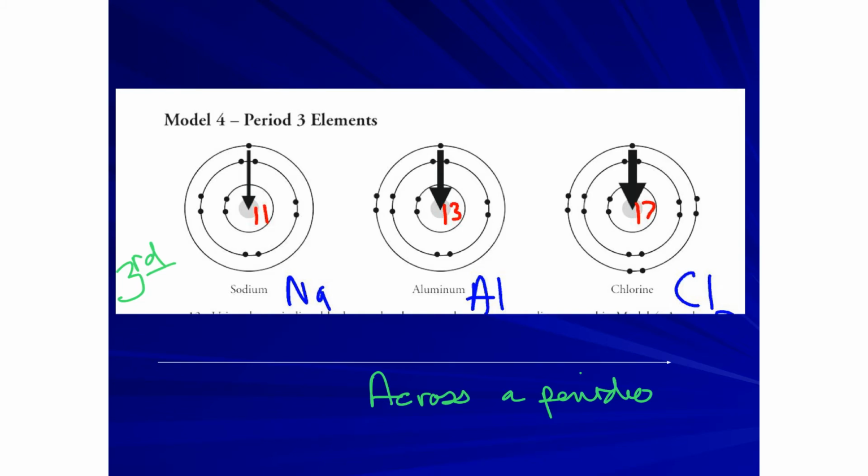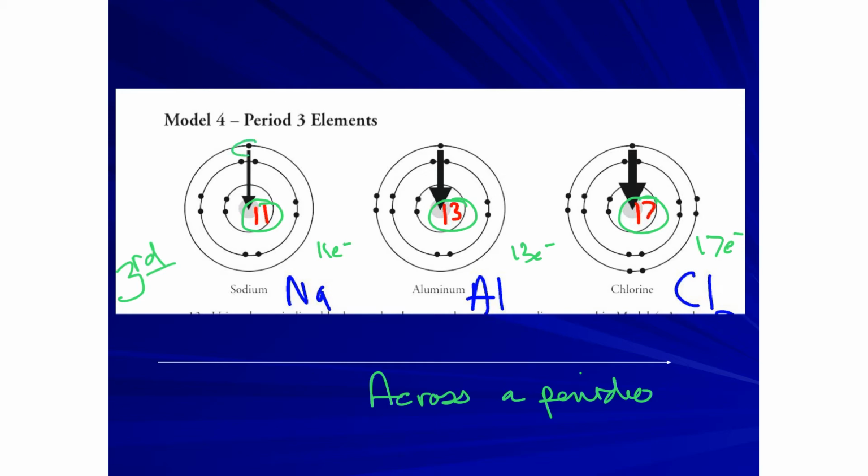And let's look at what's happening here. Yes, I'm adding protons, right? So sodium has 11, aluminum has 13, and chlorine has 17. And so this would be 11 electrons, and this would be 13 electrons, and this is 17 electrons because these are neutral atoms, right?